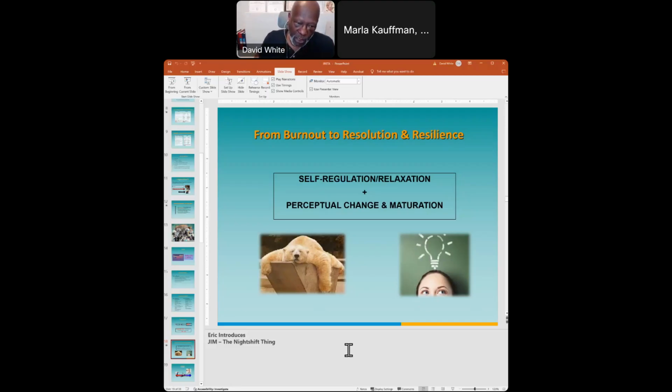So let me talk a little bit about this. I mentioned self-regulation a few times. Self-regulation can be relaxing, but it is not relaxation. And let me make the distinction. Relaxation requires me to carve out some time out of my day to go off somewhere and practice whatever it is that I do.